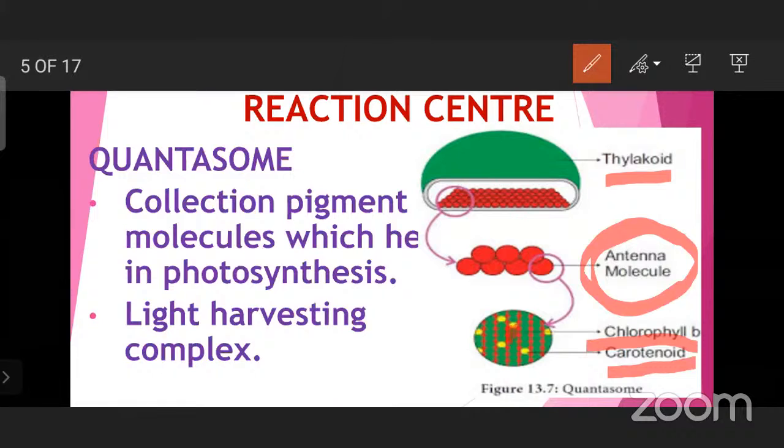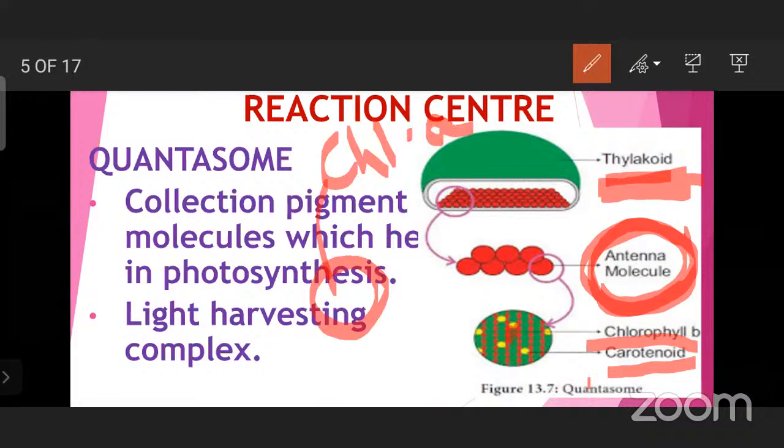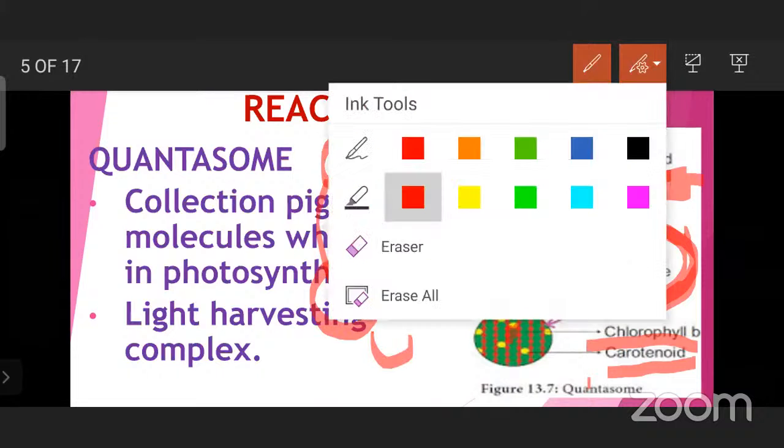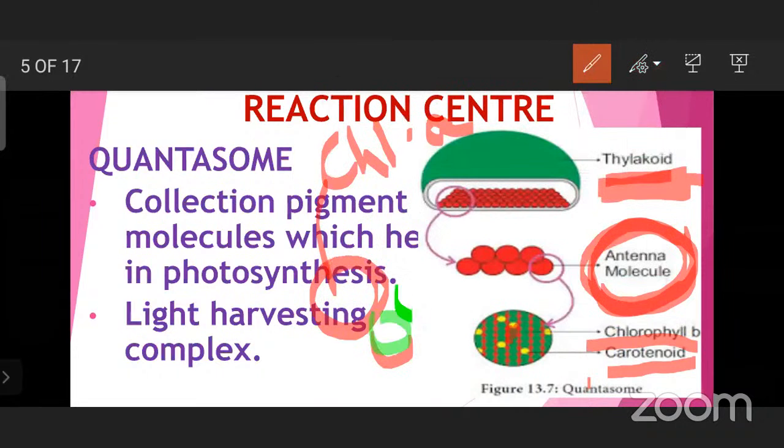Whatever solar energy these antenna molecules harvest, that means the accessory pigments, chlorophyll B and carotenoids in the thylakoid, they will pass it on to the center chlorophyll A. The center has the chlorophyll A pigment, and surrounding it are the other accessory pigments.